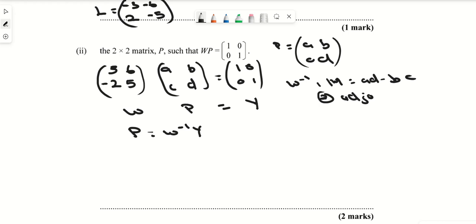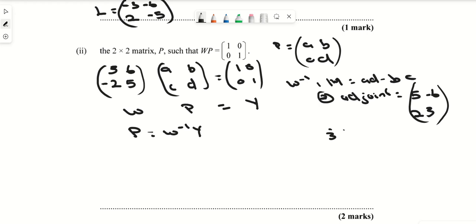Your adjoint is equal to, you're replacing the positions of A and D. So this would be 5, 3, and then you're multiplying B and C by negative 1. So it would be negative 6, positive 2. This is your adjoint.